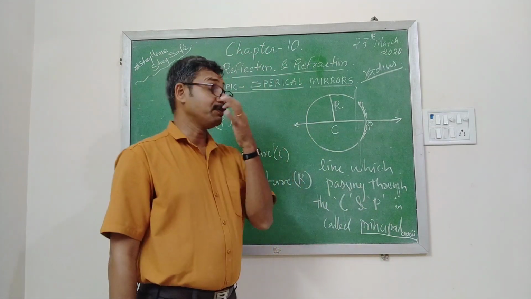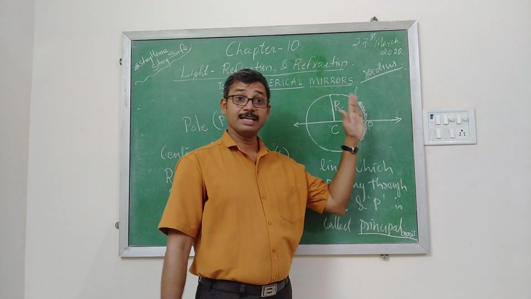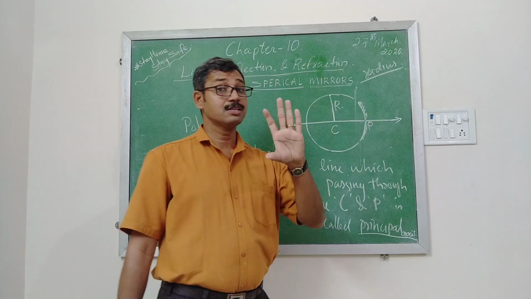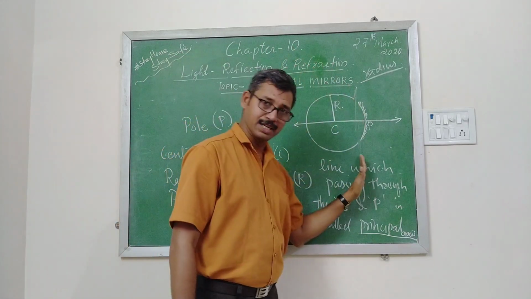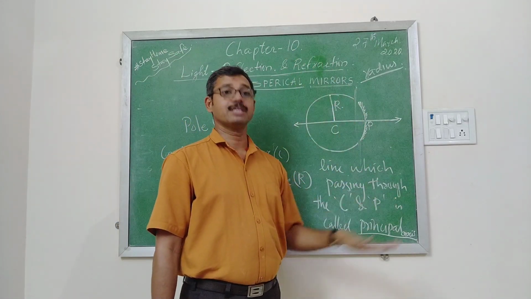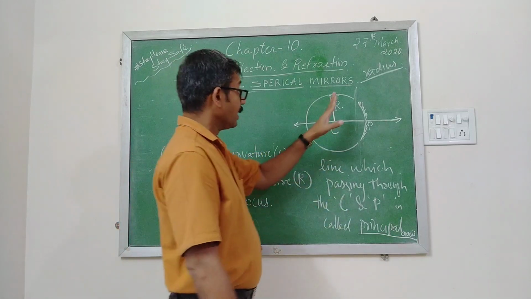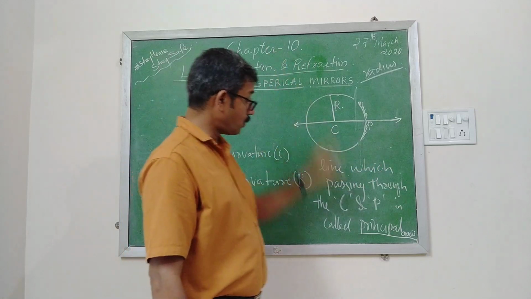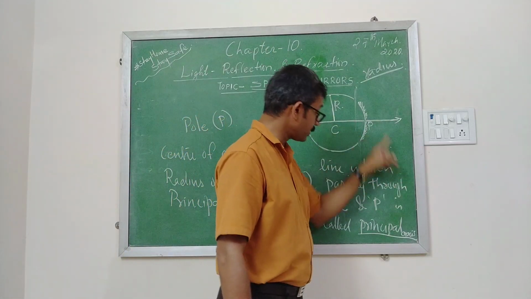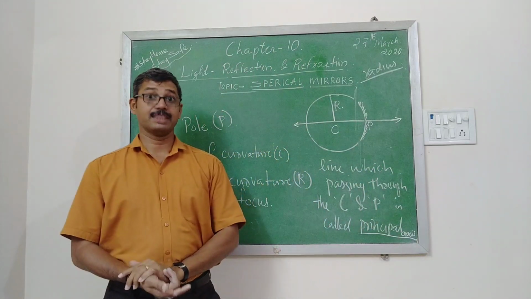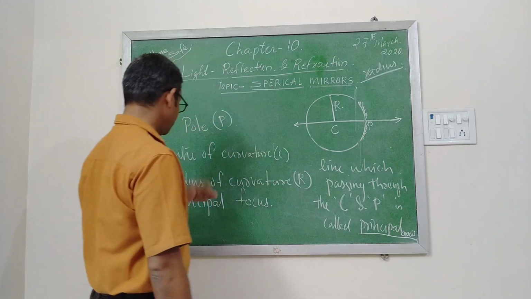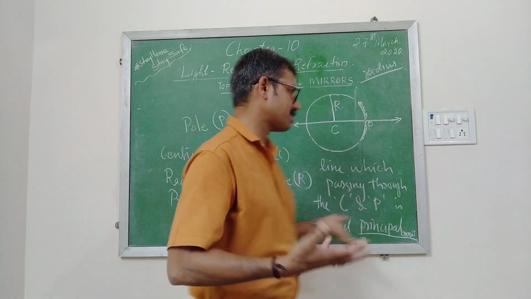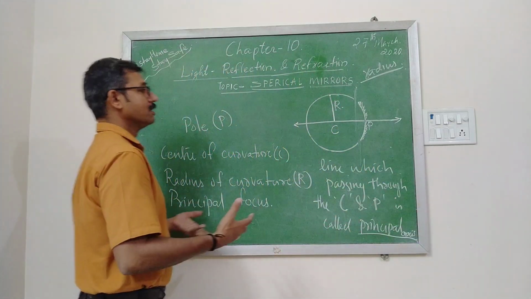The rays falling on the mirror, after reflection, converge or appear to converge at a point on the principal axis. That point is called the principal focus.